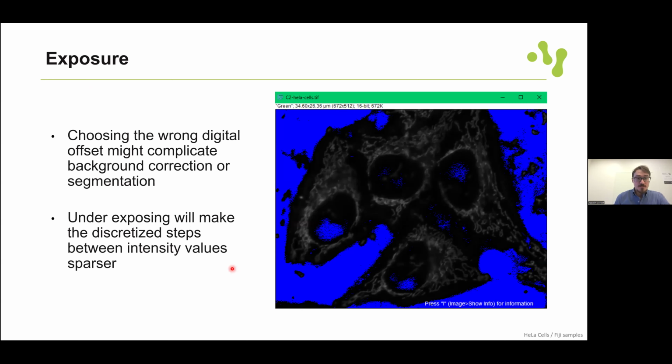One of them is problems with exposure, for example. If you underexpose or you choose the wrong digital offset, you can see here that the whole background looks blue. So here you have two problems. One, you cannot really estimate your background because it has a single value, so there's no standard deviation here.